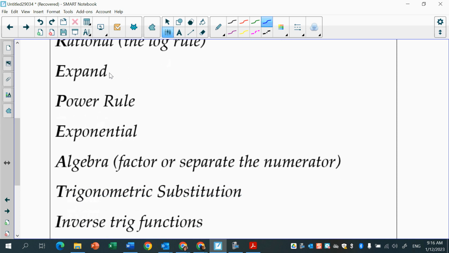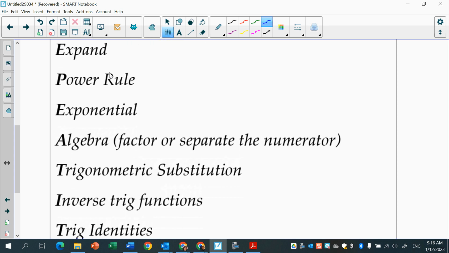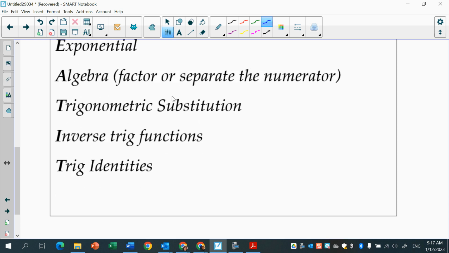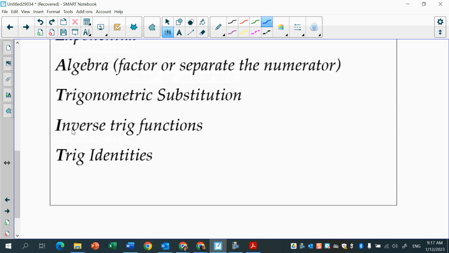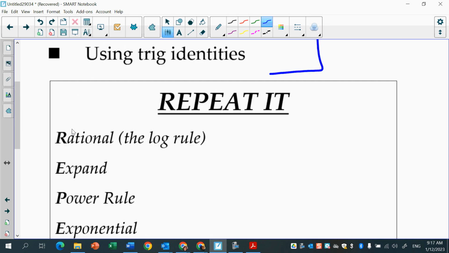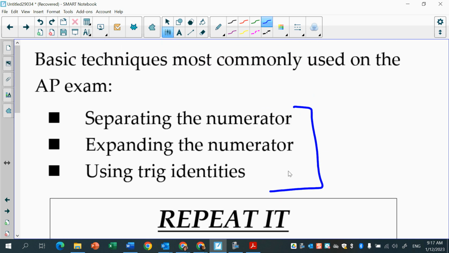Taking the natural log of both sides. Expanding, so writing things out all the way, so foiling out. The power rule, you know that one. The exponentials. Algebra, factoring or separating the numerator. T for trigonometric substitution. I for inverse trig functions. And T for trig identities. And so REPEATED is a way to help remember, but again, these are the most common ones. Separating the numerator, expanding the numerator, and using trig identities are the most common ones that you work on.